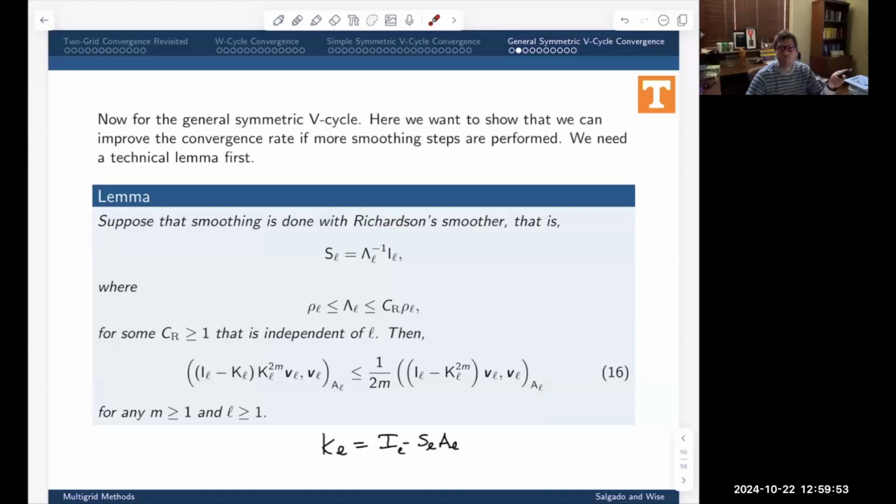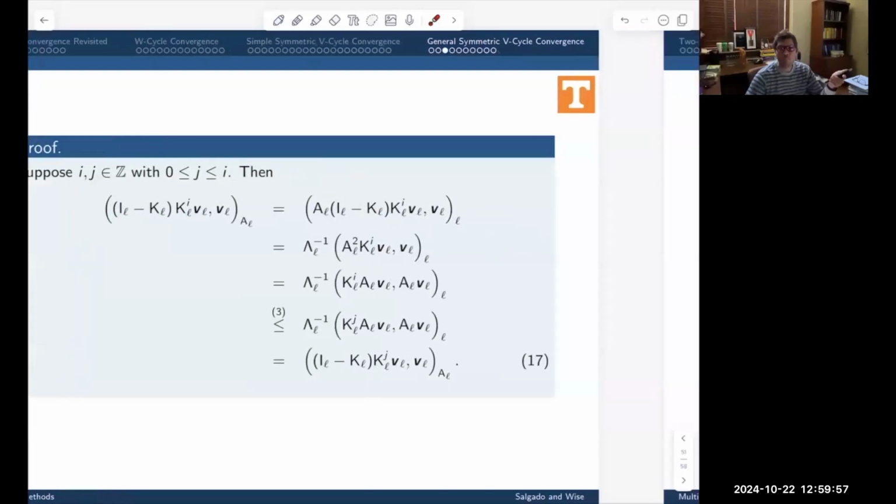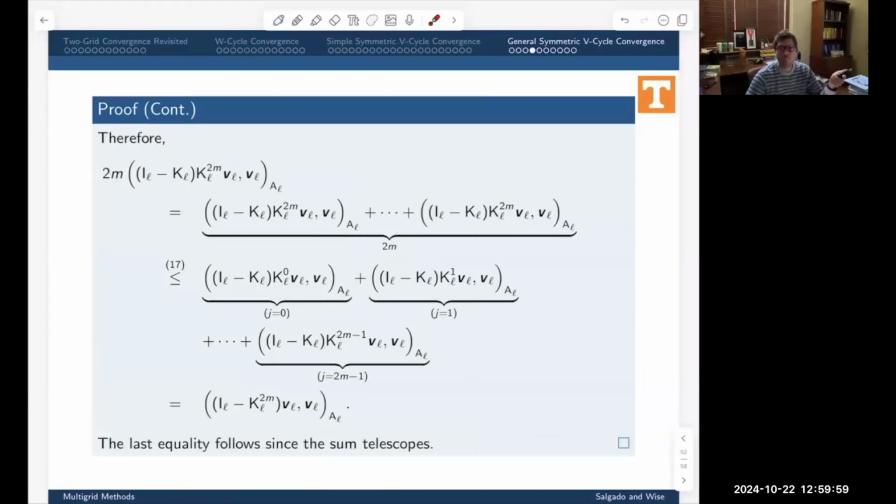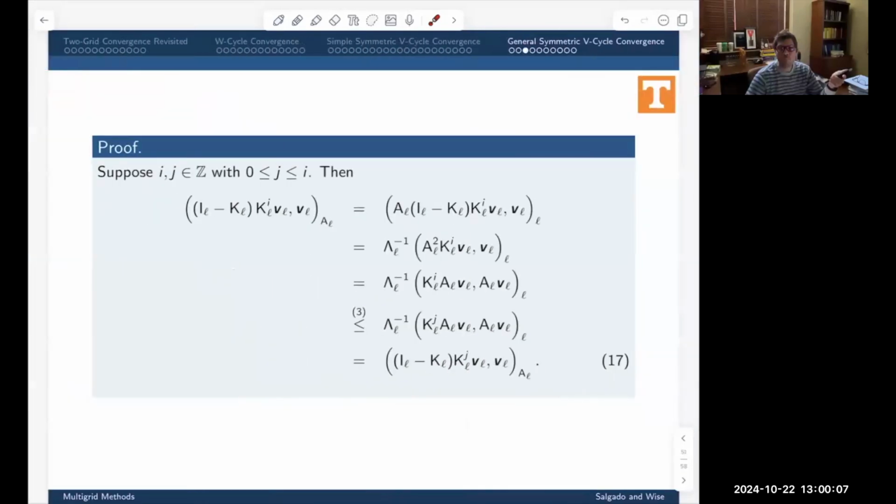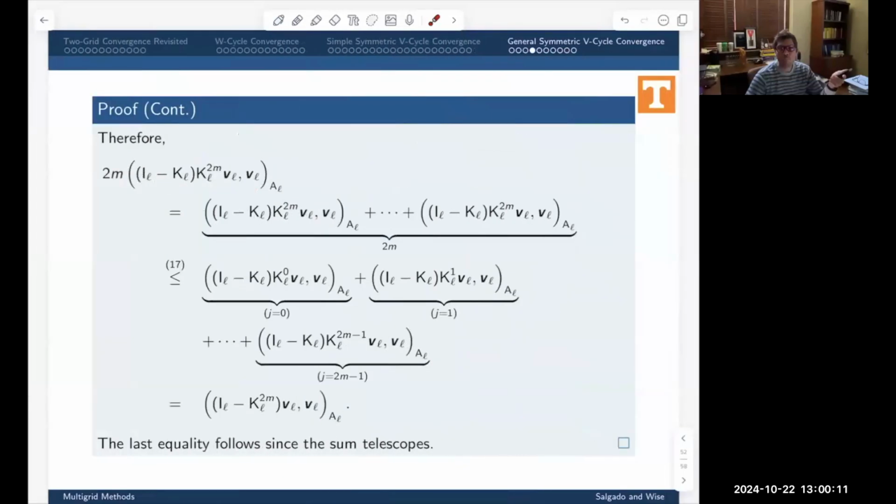So we showed last time that this was due to some sort of telescoping property. It was a combination of a stability property plus a telescoping property where we took copies of things like this and used a stability estimate that we derived here. We take each one individually and replace it by a slightly different stability estimate.